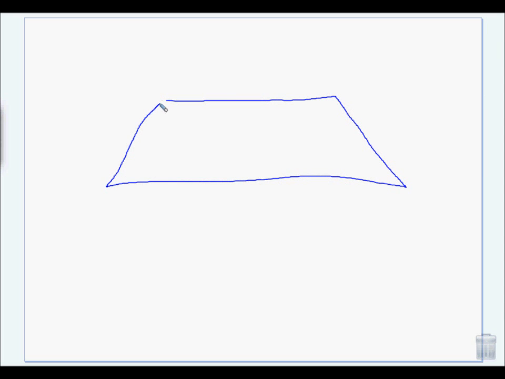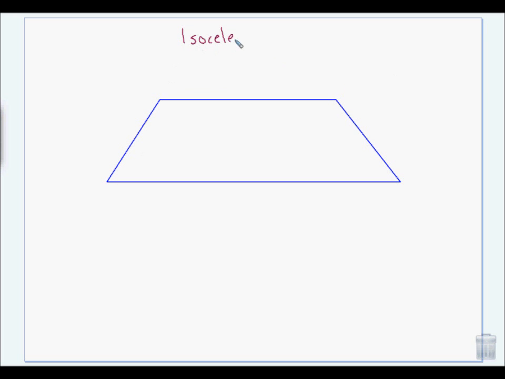If we do a trapezoid, and let's say it's an isosceles trapezoid. And that's a median, okay?